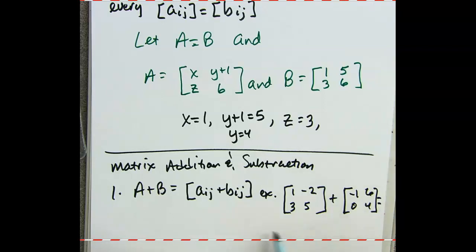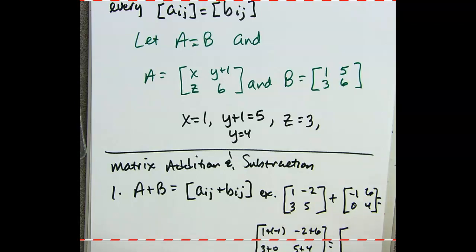So our answer here would be, well, this is going to be 1 plus a negative 1. So row 1, column 1 plus row 1, column 1. Then we're going to have a negative 2 plus 6, 3 plus 0, and then 5 plus 4.